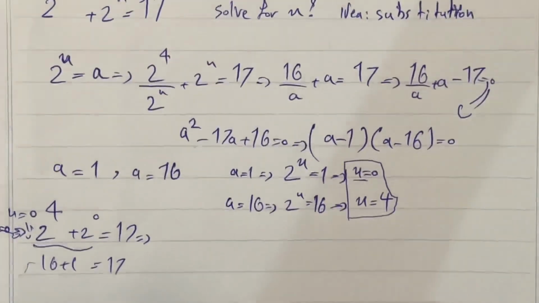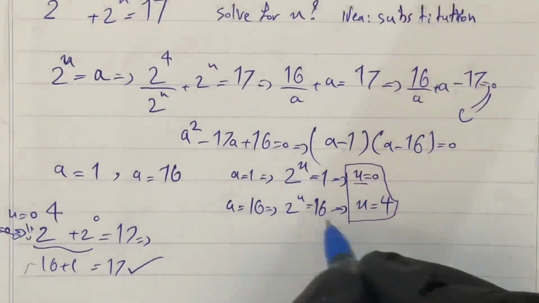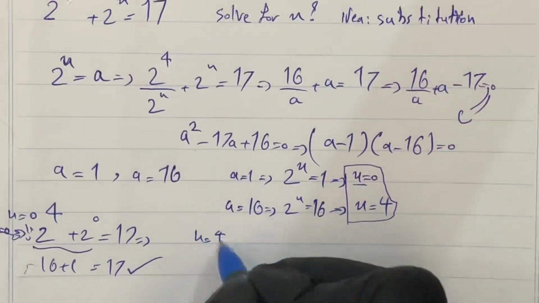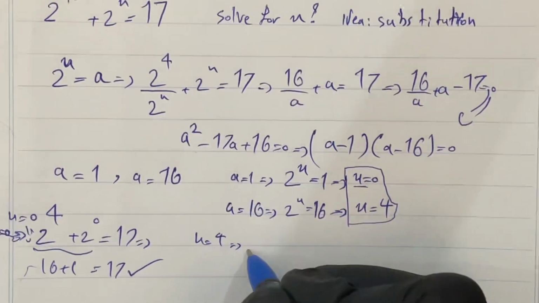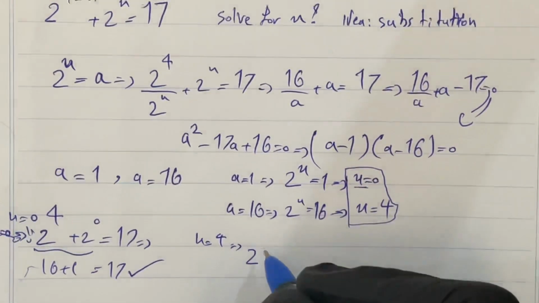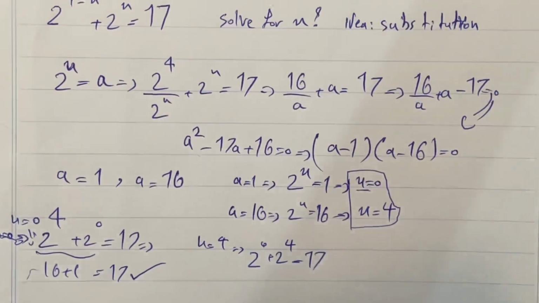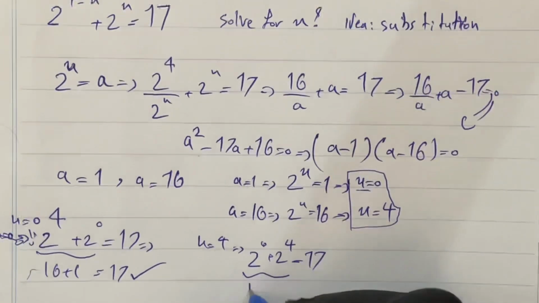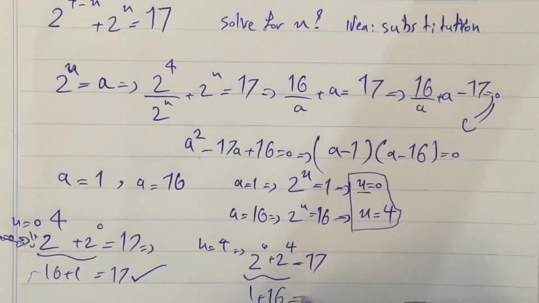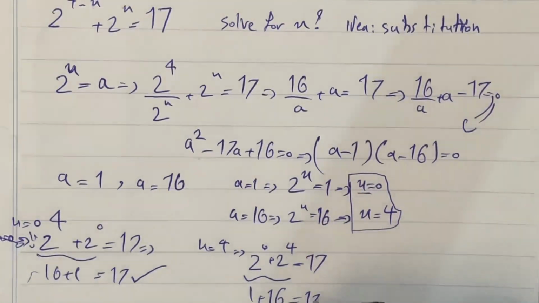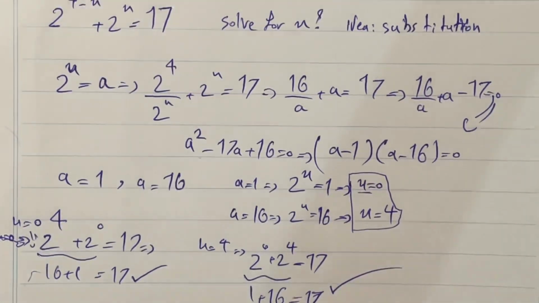Yeah, that's right. And then for x equals 4, we would have 2 to the power of 0 plus 2 to the power of 4 equals 17, which is 1 plus 16 equals 17. And so this is also true.